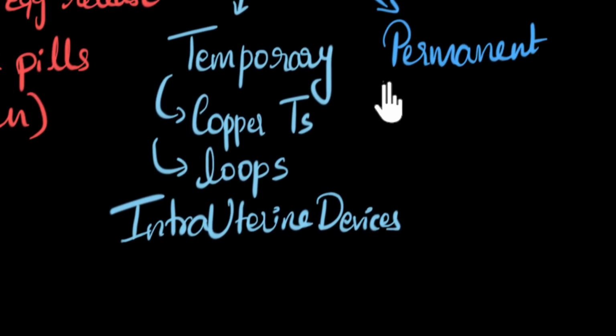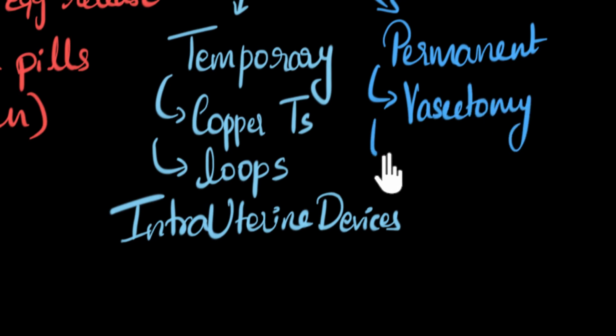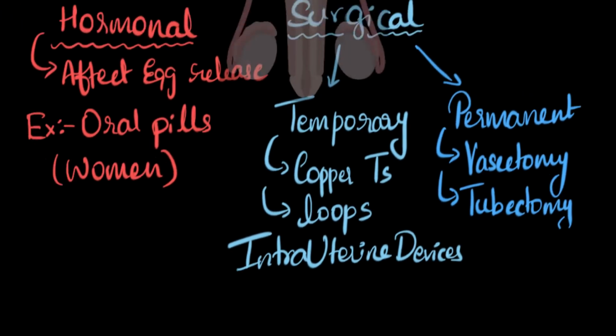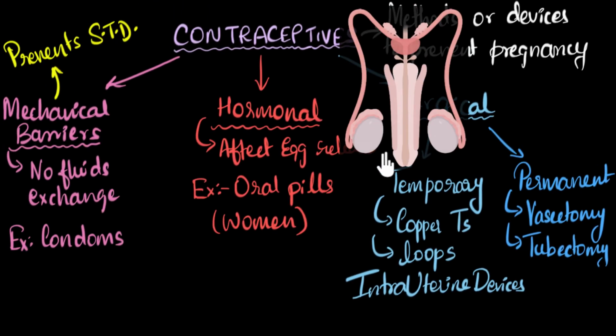The permanent methods usually are vasectomy for males and tubectomy for females. Okay, again, what are those? Well, if you look at the male reproductive parts, you might know that the sperms from the testes reach the penis via a particular tube called the vas deferens, right?